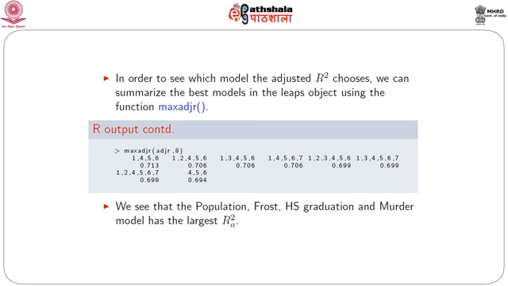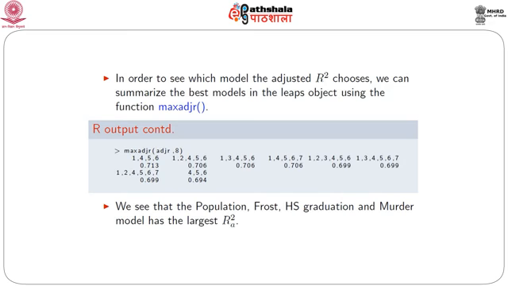And for the second model, which contains the first, second, fourth, fifth and sixth predictor variables, the corresponding adjusted R square is 0.706. We can see that the highest is 0.713, which is for the first model, which contains the predictors population, frost, HS graduation and murder.